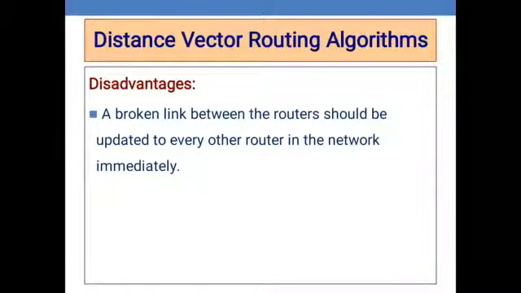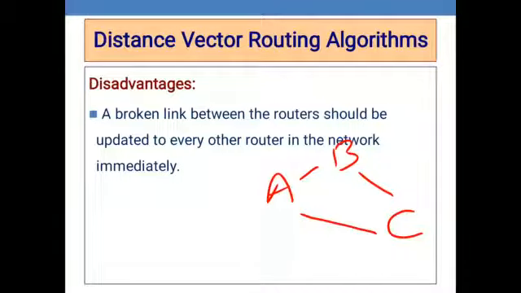Here a broken link between the routers should be updated to every other router in the network immediately. For example, consider three routers only: A, B, and C. A to B, B to C, and A to C is a direct link. For example, the router C fails. Then this link will fail and this link also fails.